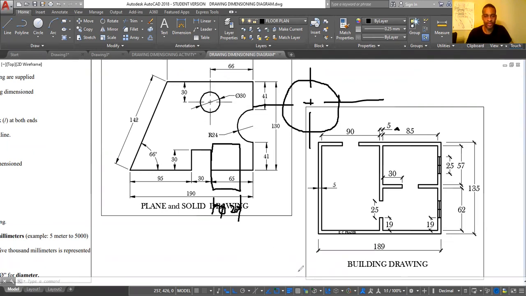Very important. And for angles also, we use shaded arrows. And it's a good practice when you're drawing your arrows not to make the arrowheads too thick.